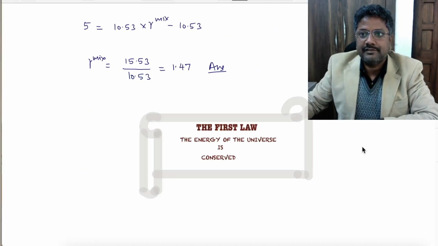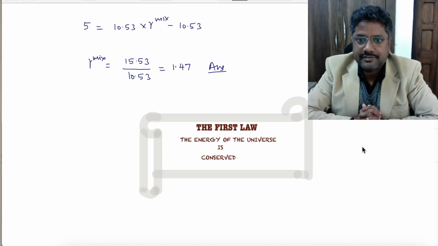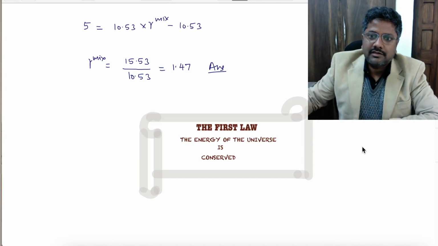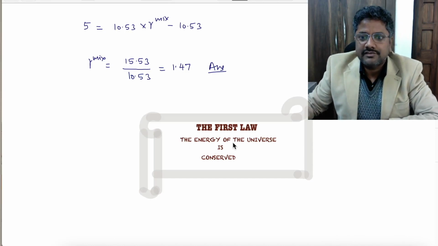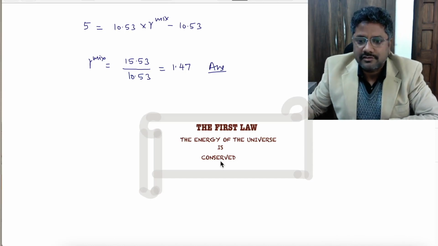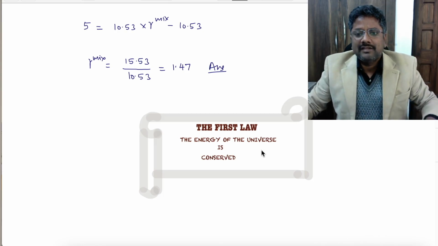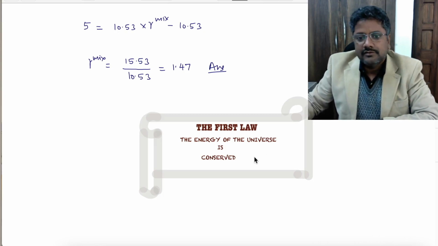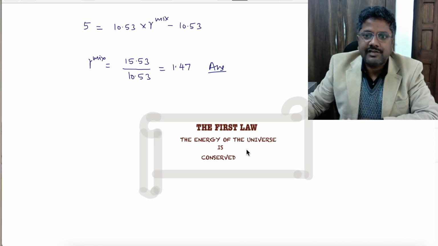Now let's start the first law of thermodynamics. The correct statement of this is that the energy of the universe is conserved. This statement was given by Clausius, so this is the perfect statement of the first law.